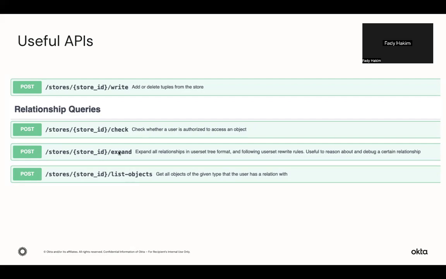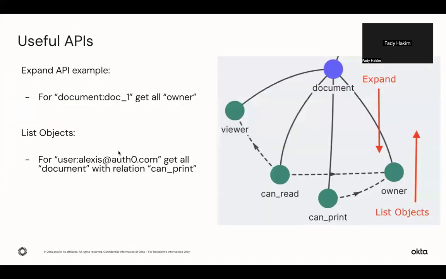So let's discover more about expand and list object. I'm going to go on the next page here, and you can see, for example, expand is basically getting on parent objects and going down to the relationships. You can see here I have documents.